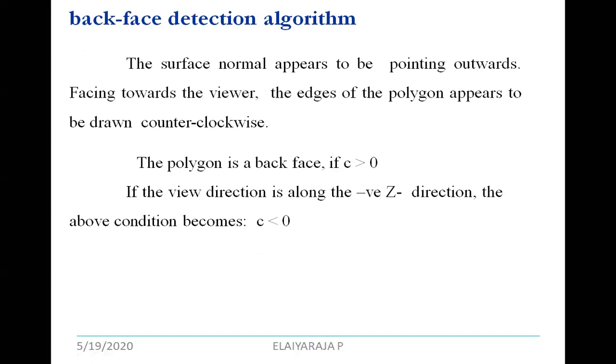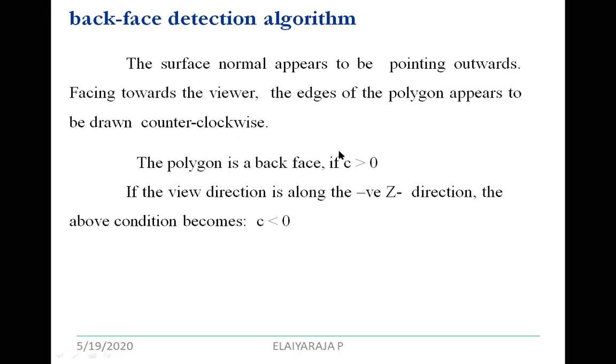Here the surface normal appears to be pointing outwards and facing towards the viewer. You check that based on your normal vector pointing to the center of projection. The edges of the polygon appear to be drawn counterclockwise.